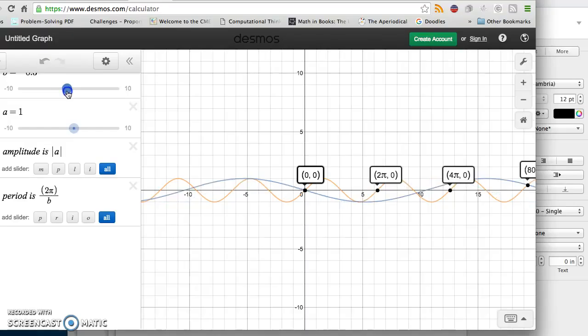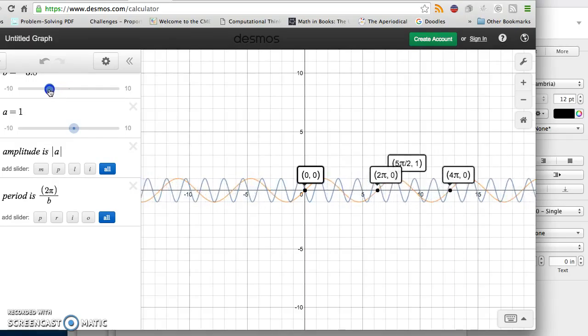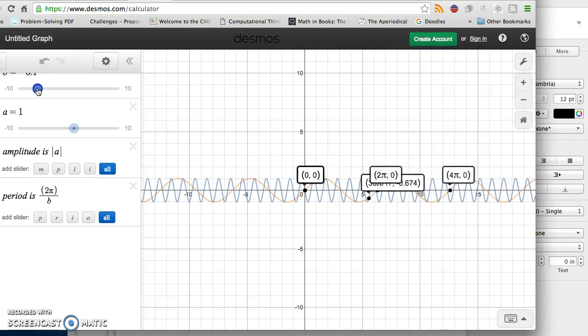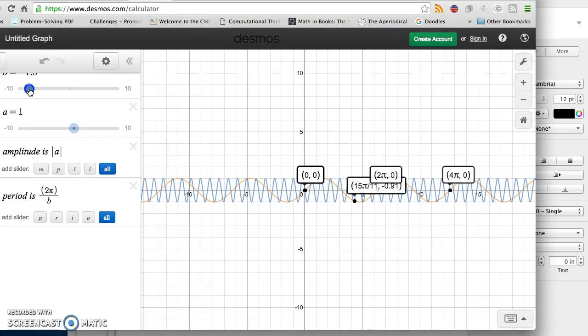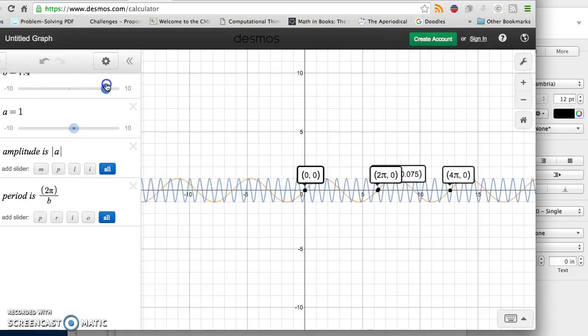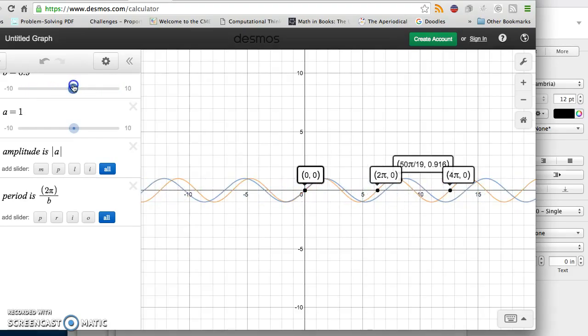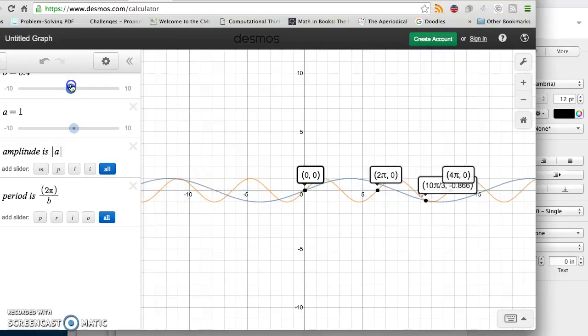Sine waves are good for modeling radio waves. When we have waves with small periods, we say they're high frequency. So the lower the period, the higher the frequency, and the larger the period, the lower the frequency.